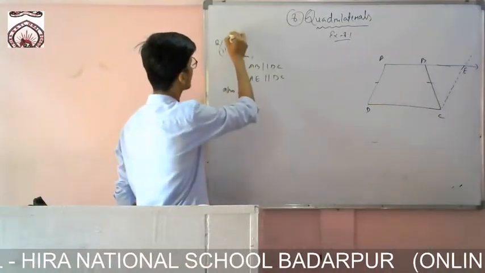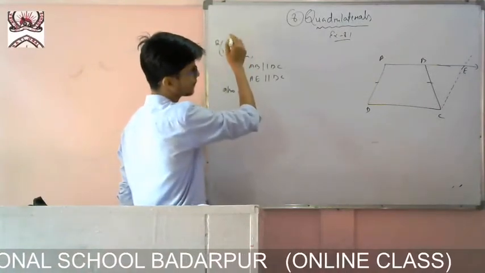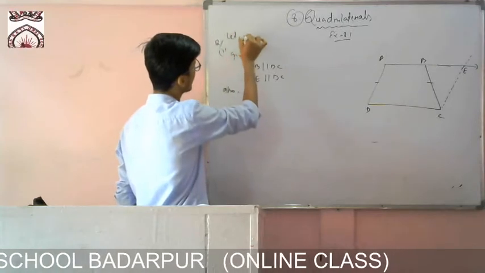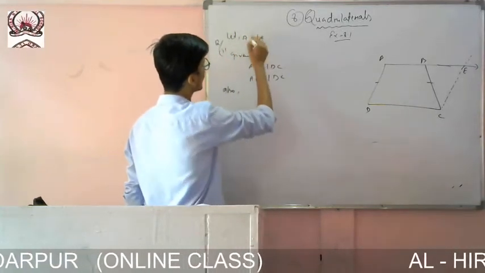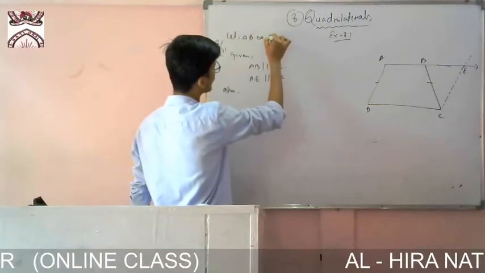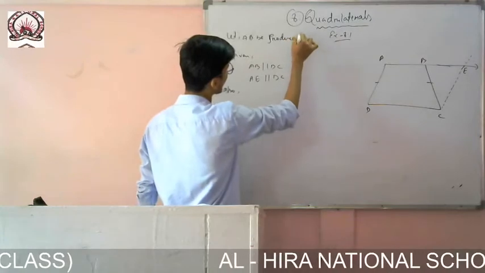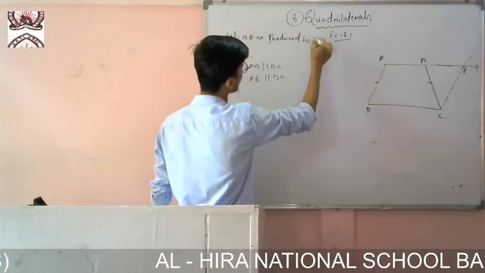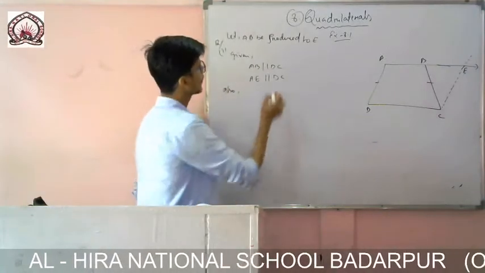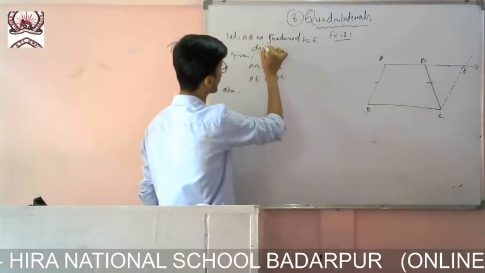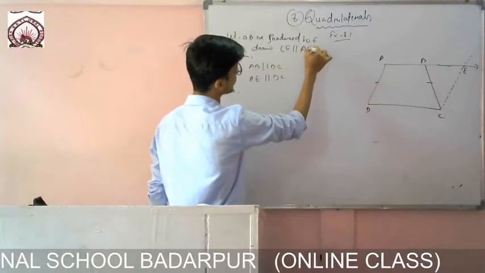That means it is not given in the question, so before starting the question you write: let AB be produced to E and draw CE parallel to AD.